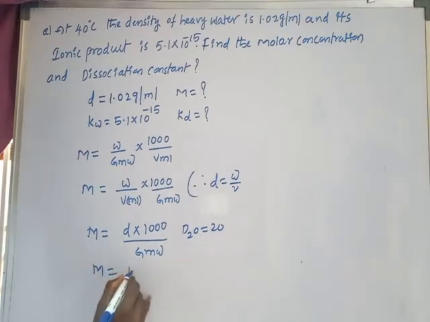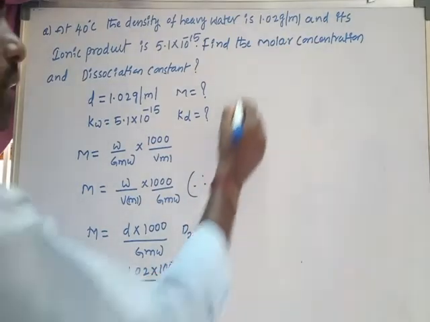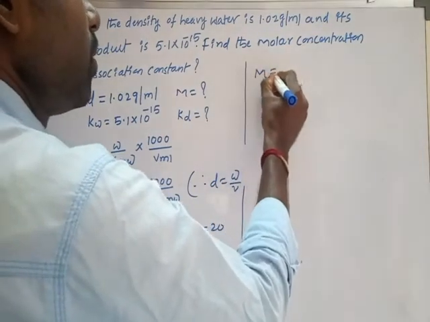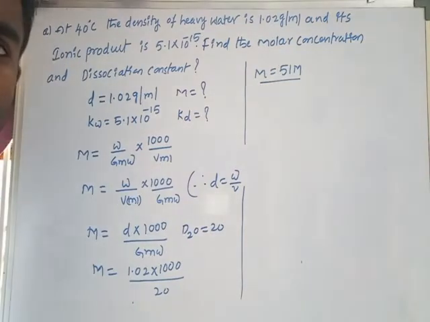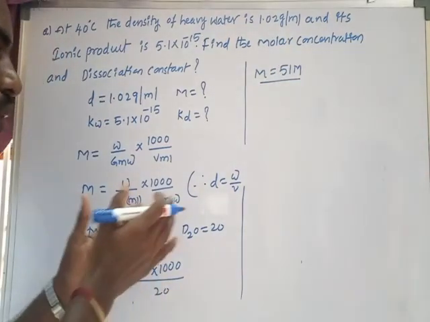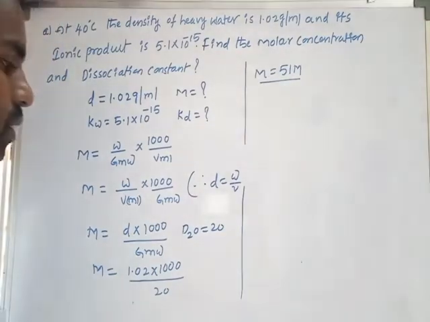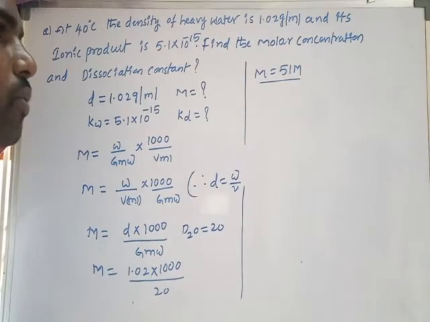Molarity equal to 1.02 into 1000 by 20. If you simplify this, we will get molarity equal to 51 M. So with the help of density we can calculate the molarity of heavy water.